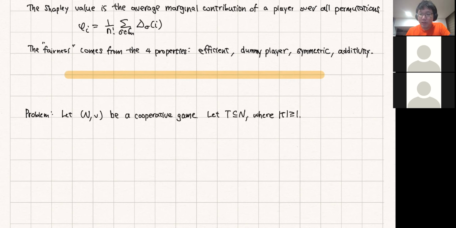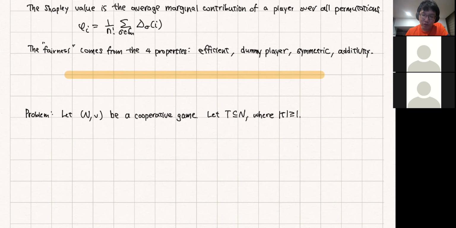Okay. And what we want to do is change the game slightly, right? So we're going to change the game so that if my coalition contains this special group of players, we're going to add value to it.